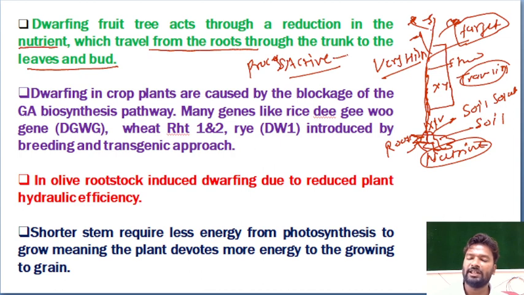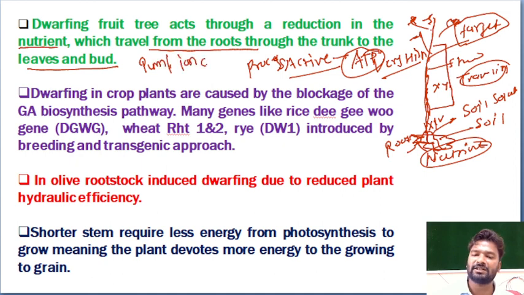So there will be a use of ATP as an energy source to channelize the nutrient pumps, ion channels, and others. So dwarfing reduces this traveling time, so it can improve your nitrogen efficiency or nutrient efficiency.